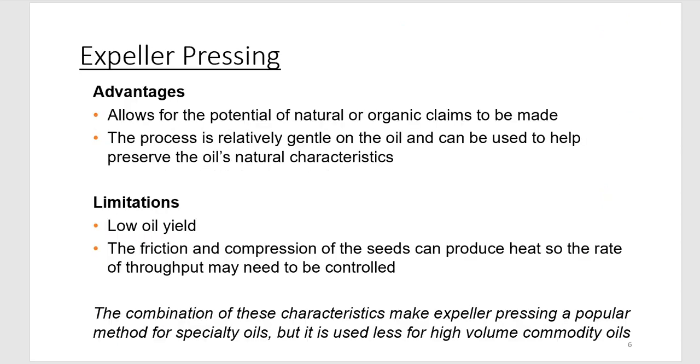It's a gentle process. Low temperature helps preserve the oil's natural characteristics. Just friction and compression of the seeds should be controlled to prevent excess heat generation. Again, as we said, the major limitation is the low oil yield.